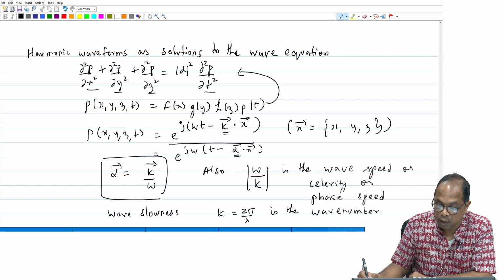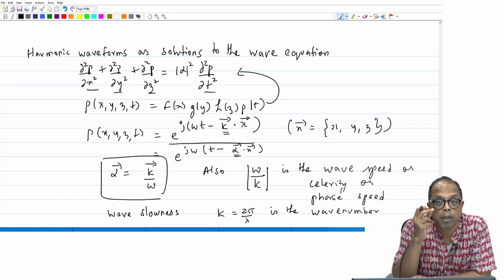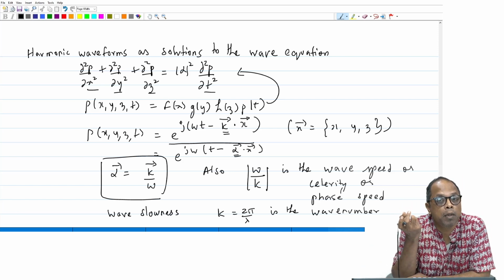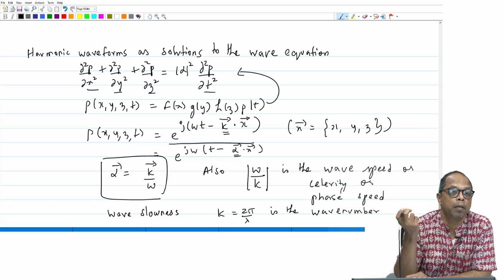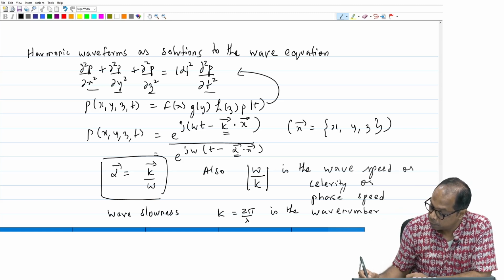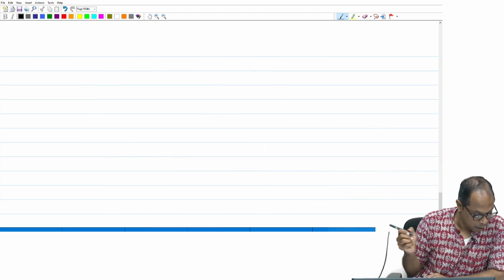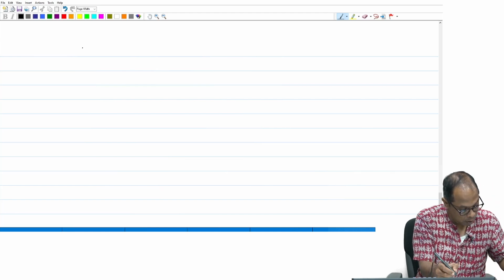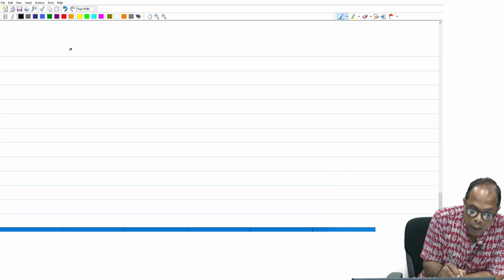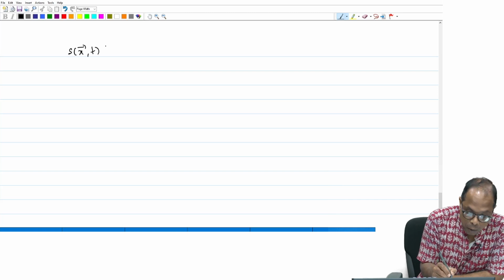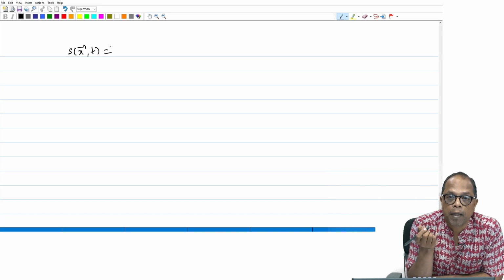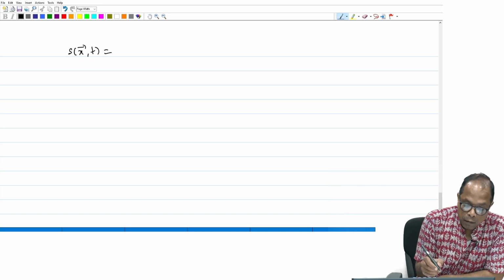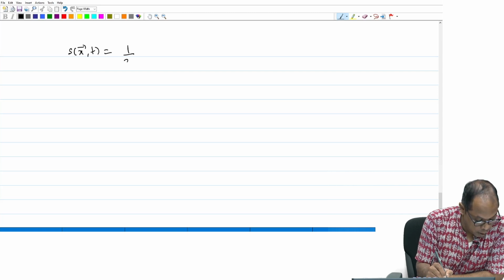It turns out that the complex exponentials are useful building blocks from which we can build more complicated waveforms. The theory of Fourier transforms tells us that, because waves satisfy the property of linearity and addition, you can have your S of x vector comma t as this.